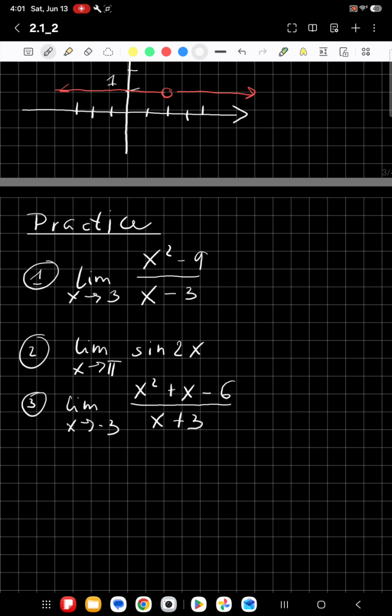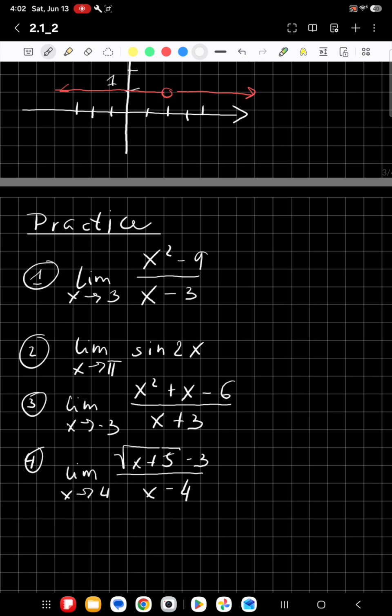Problem number 4 is a limit with x approaching 4, where the top is the radical of x plus 5, minus 3, and the bottom is x minus 4.